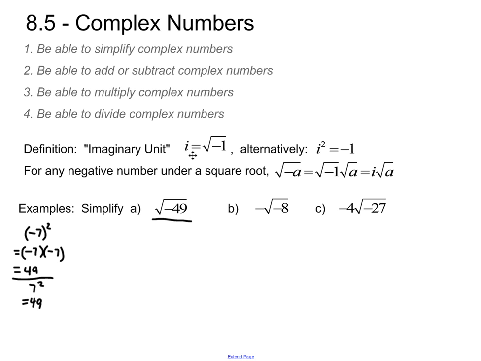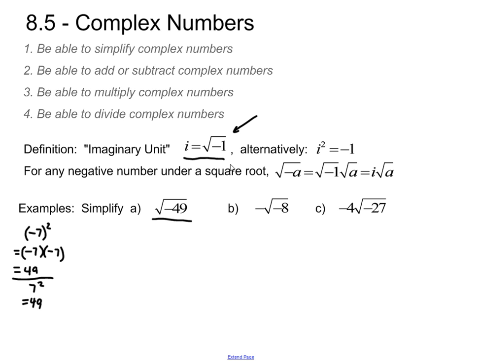So instead, we have to resort to using another type of expression to stand in for the square root of negative 1. And so we use what's called an imaginary unit. Now, don't get the wrong idea. It's not imaginary in any sense. It's only about as imaginary as a negative number.